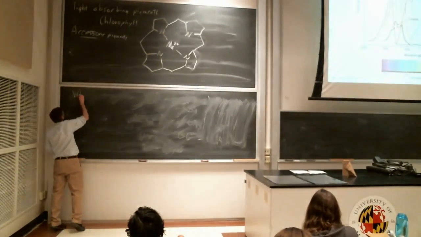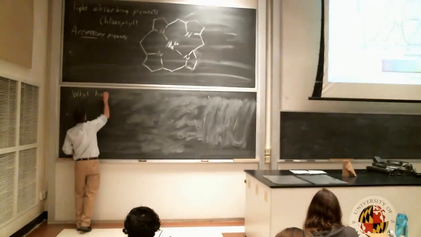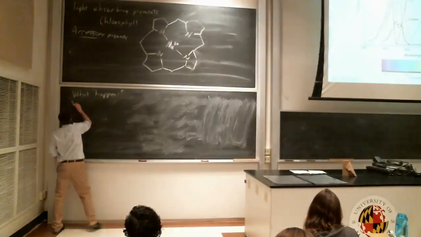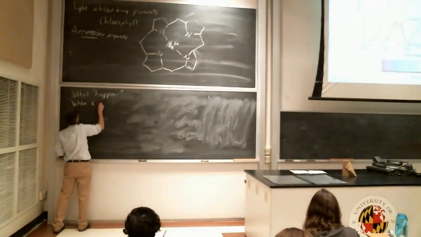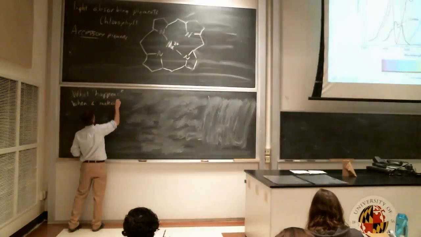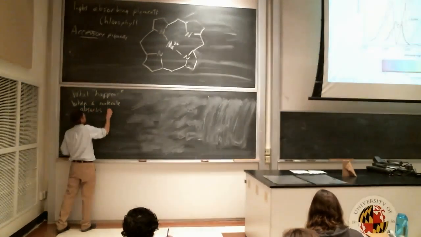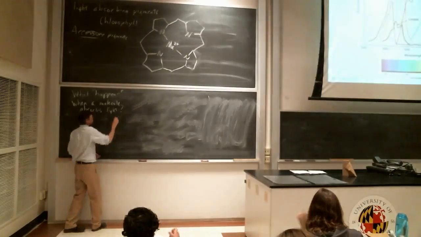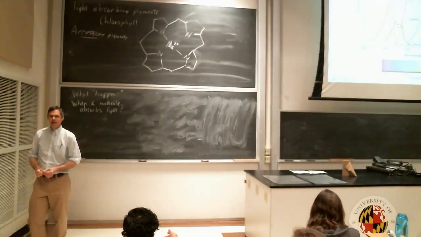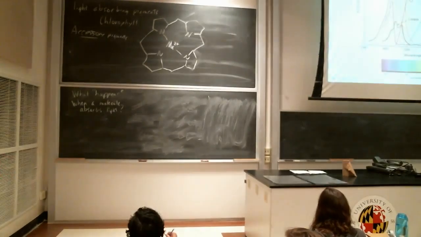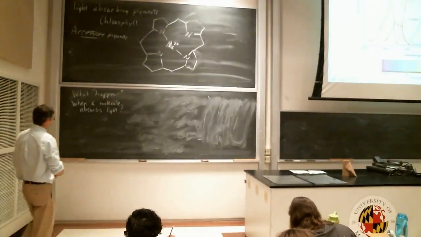Freshman chemistry level: what happens, in quotes, when a molecule absorbs light. So there are at least 4 things that can happen. 2 of them are very important for photosynthesis, and the other 2 are kind of to be avoided by photosynthesis.